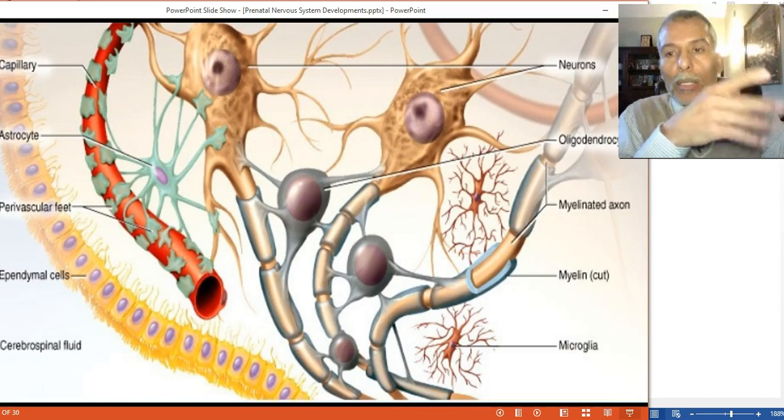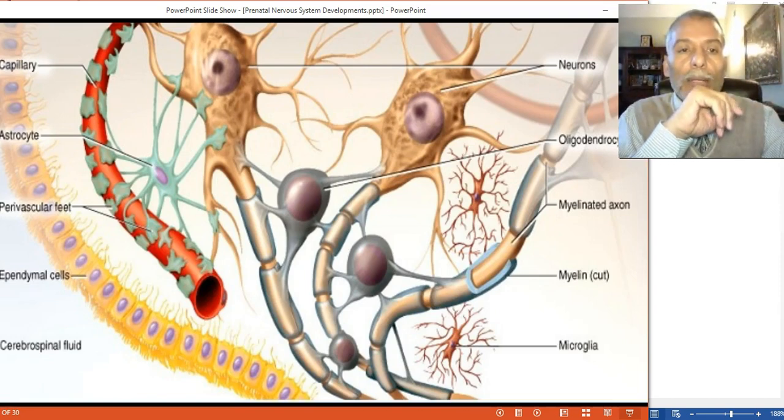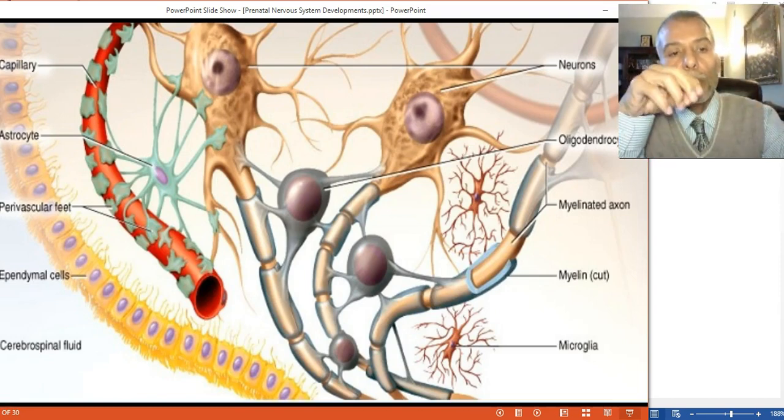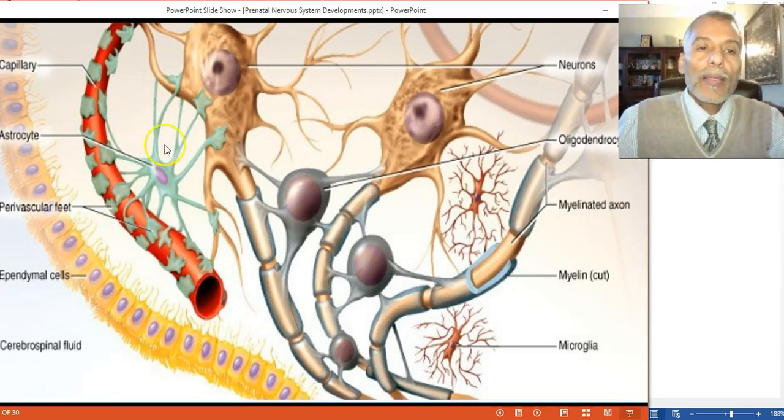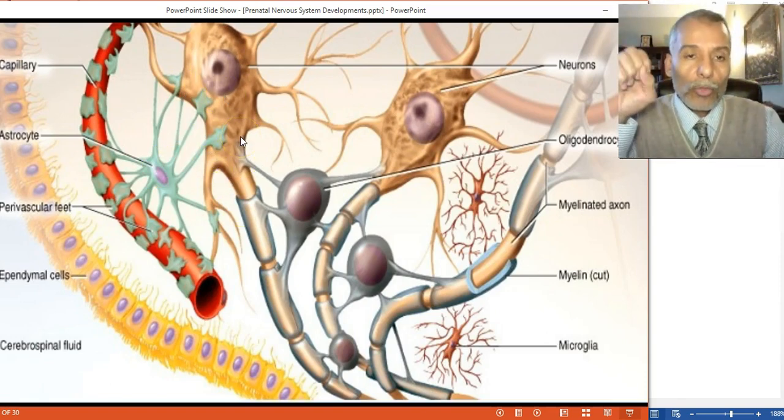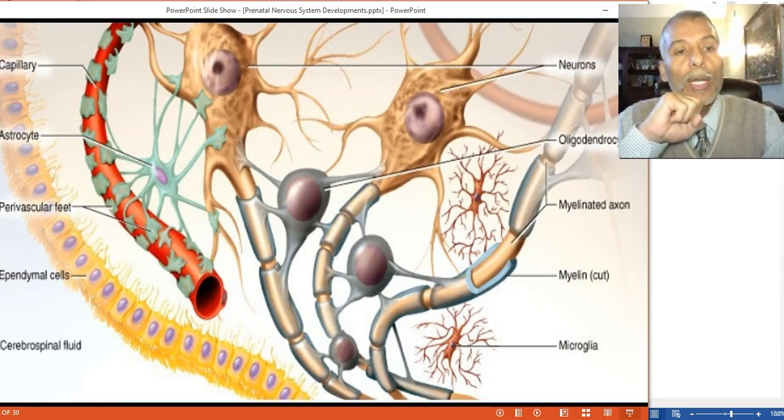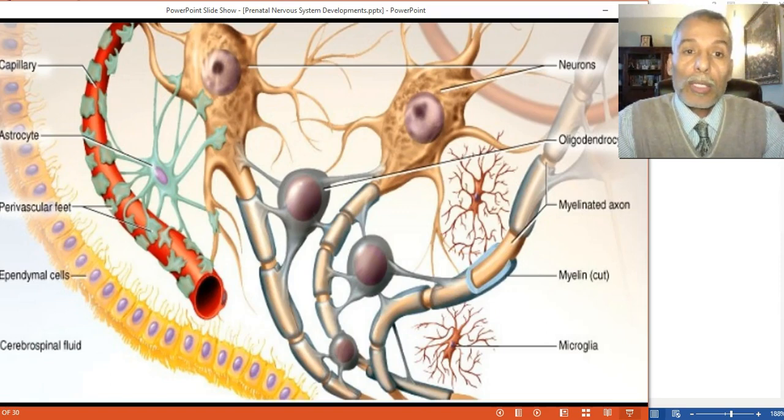Water can go in and out freely. And then all of that is processed in the body of the astrocyte and then shipped to the neurons so that the neurons will get the nutrition. So that is one kind. And you could imagine the neurons cannot survive without these.